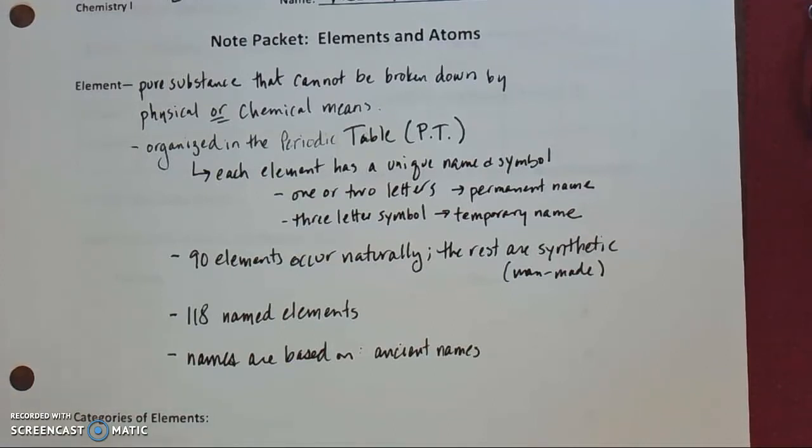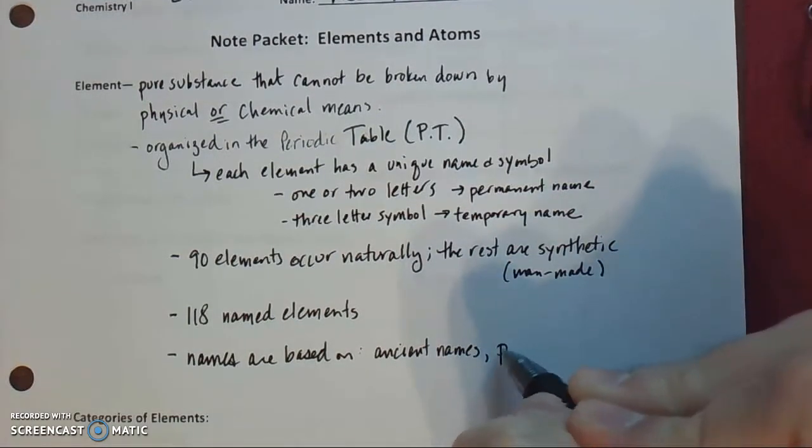Sodium was known as natrium. That's where the Na comes from, which means salt producing. So a lot of these things, lead was plumbum. Plumbum refers, well, we have plumbing and plumbers. That is because in ancient Rome, they used lead for pipes to bring water.